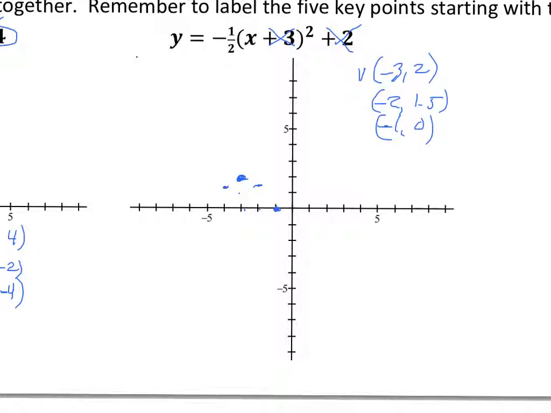Left 2, down 2. And there's our graph. I'm trying to make this hard, people, but it's just way too easy. Now you can graph extremely complicated quadratics with ease and confidence.